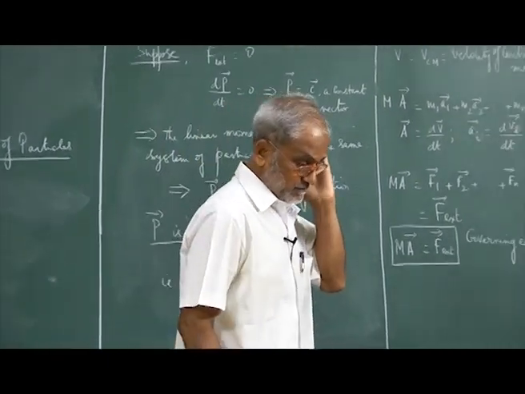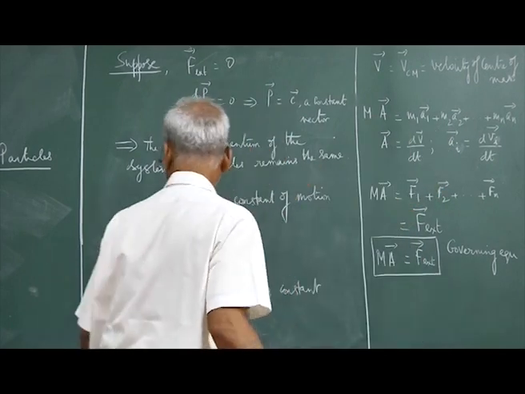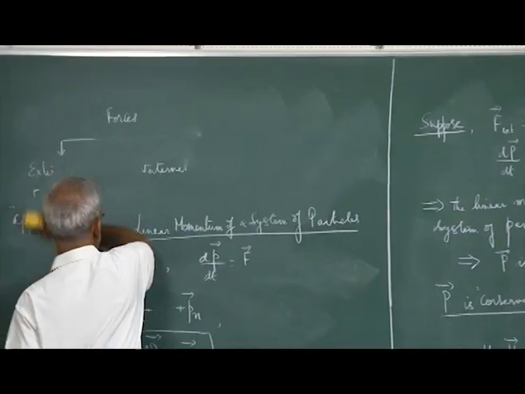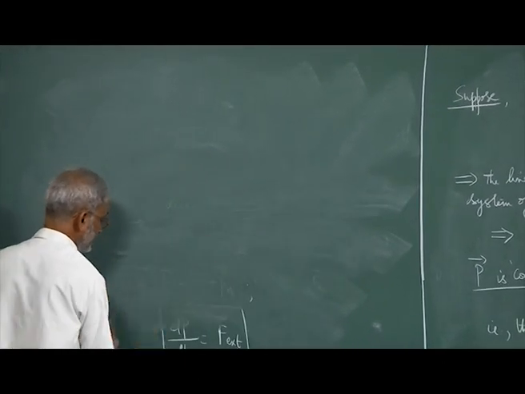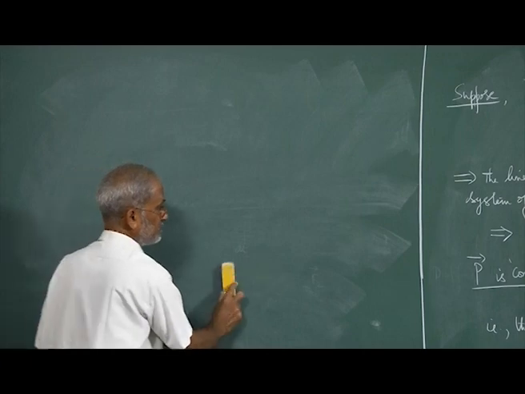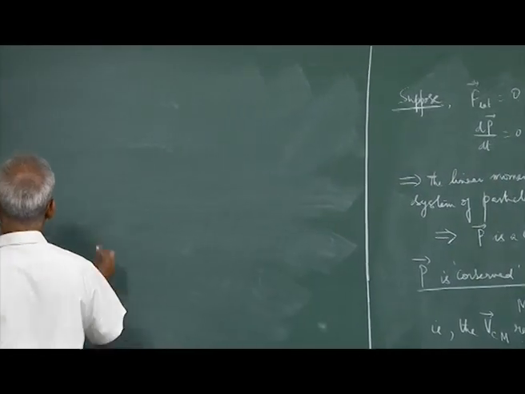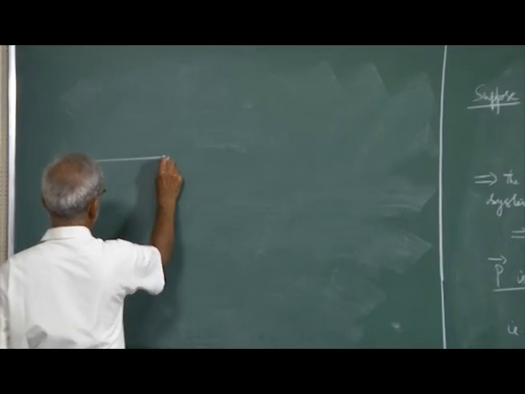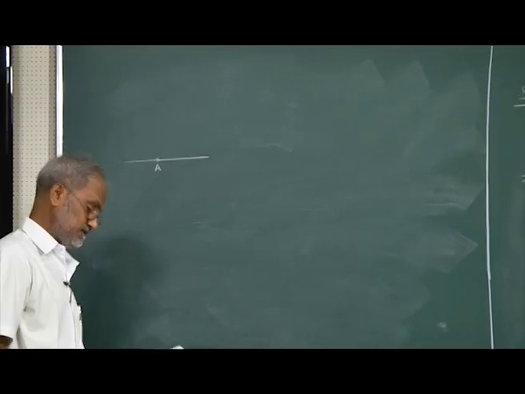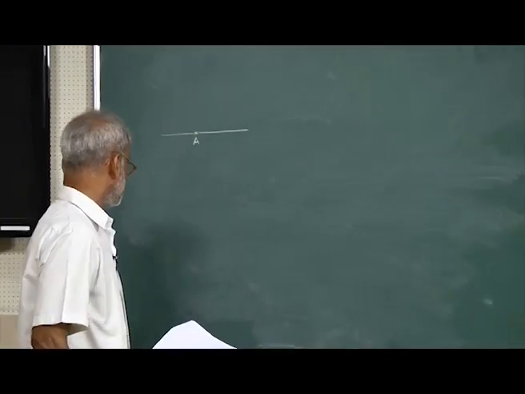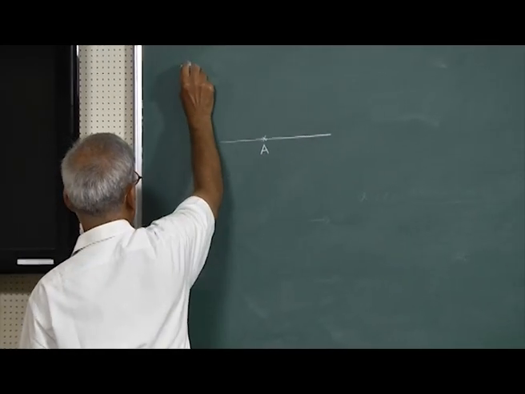And we will consider an illustration of this particular one. You can treat this as an illustration or a simple problem, whatever way. Let us say that a particle A is moving along a straight line, its mass is not important for what we are trying to do here, there are no external forces.